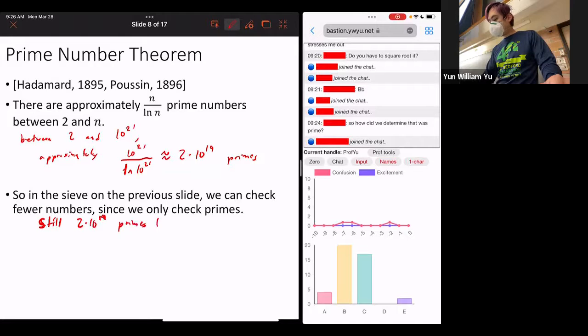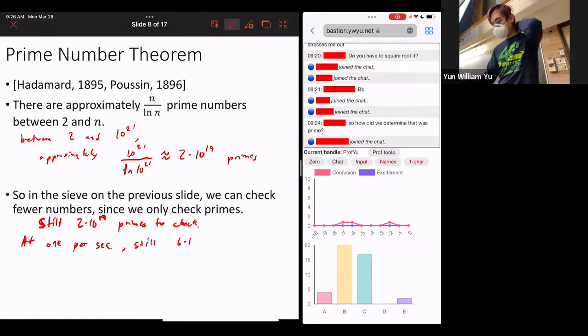So at 1 per second, that's still 6 times 10 to the 11 years, so 600 billion years.